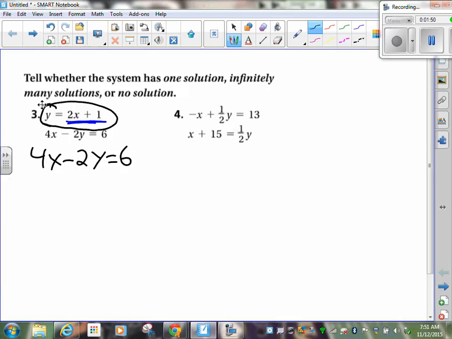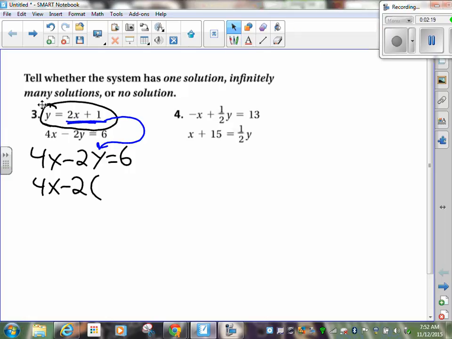I need to take this blue line and substitute it in for y. So when I do that, I have 4x minus 2 parentheses. Can someone tell me what goes in the parentheses?